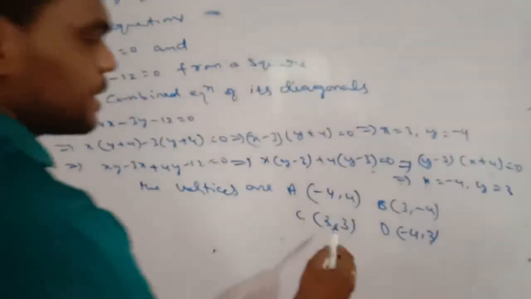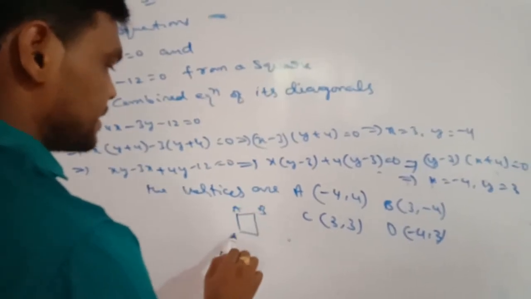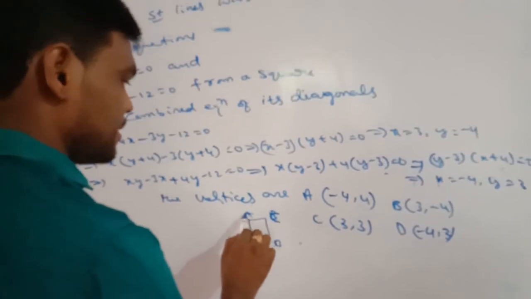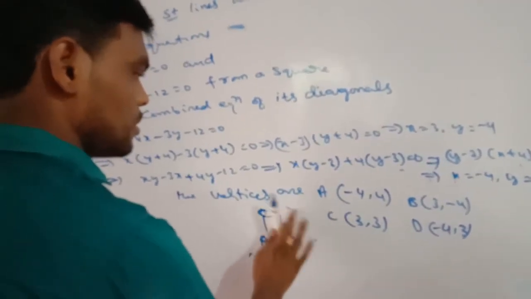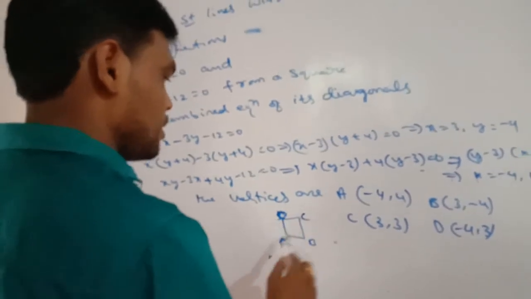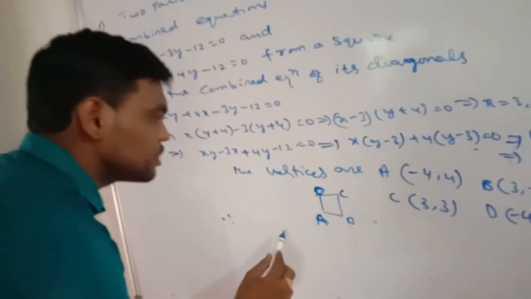Now the square, this is ABCD. Now the diagonals AC and BD.